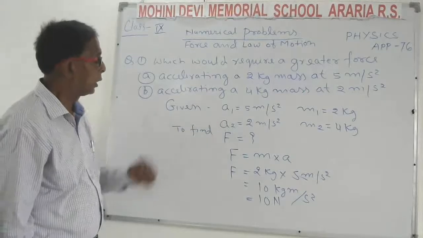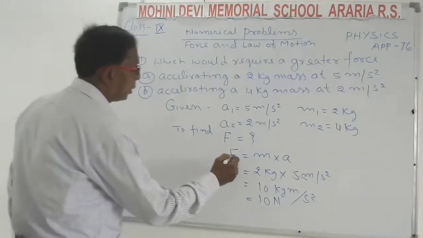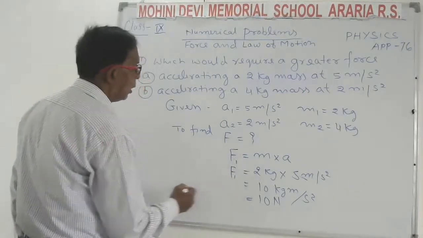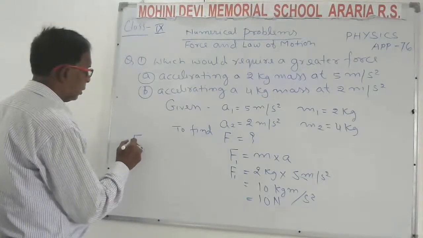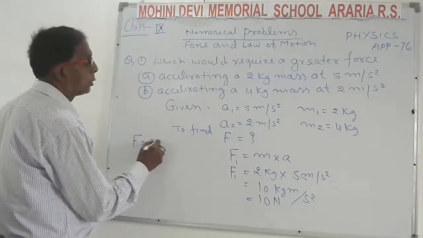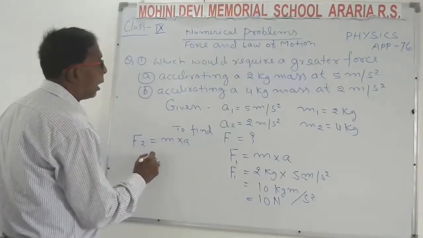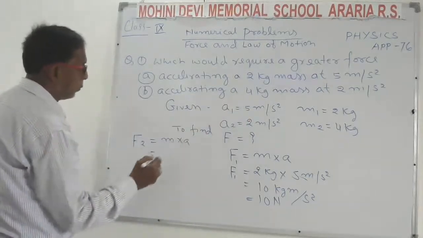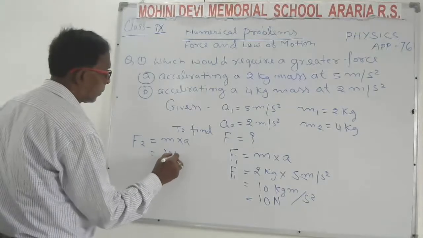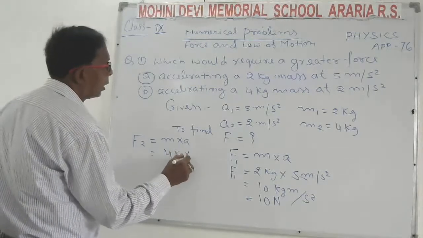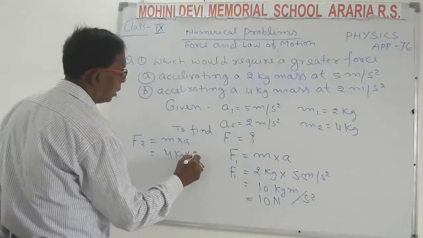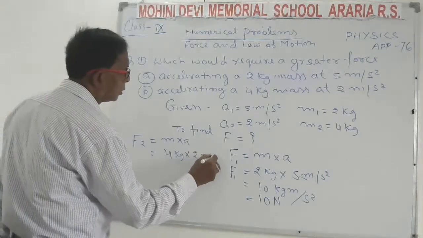The force for the second object, if the first is F1, then F2 is m into a, where the mass of the object is 4 kg and acceleration is 2 meter per second square.